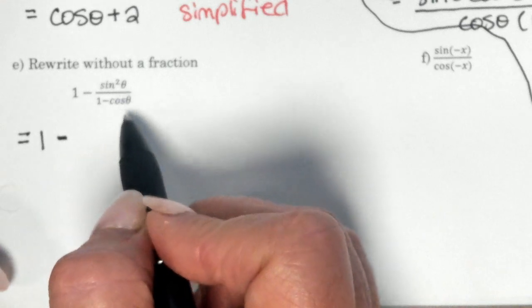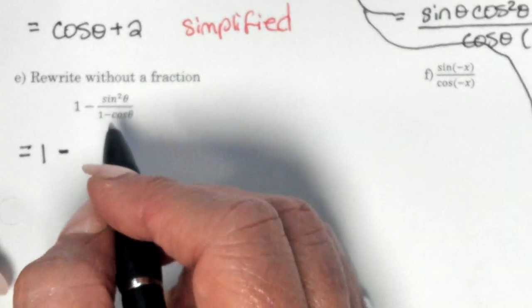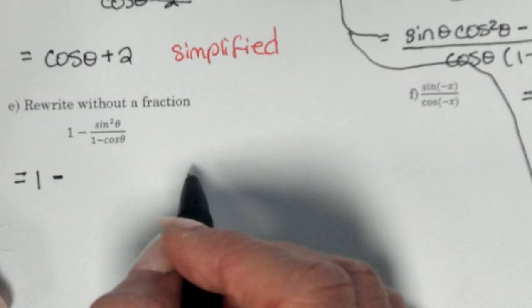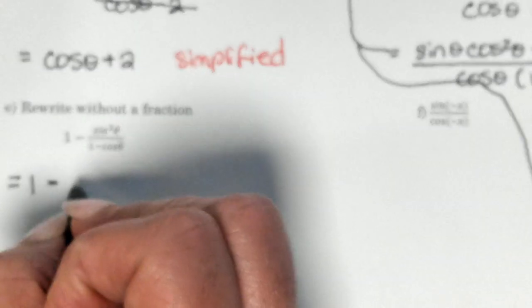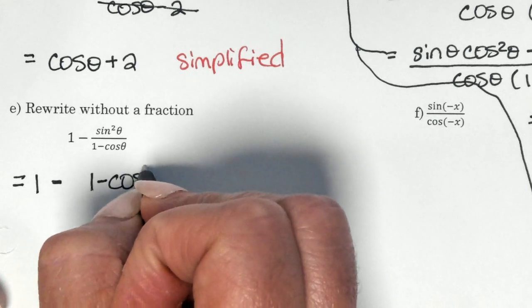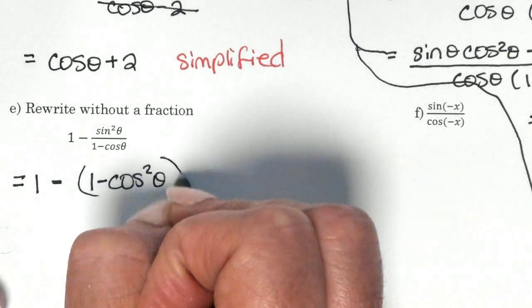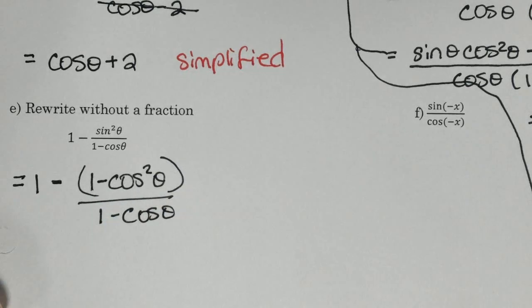Anytime you've got a sine, cosine, tangent, any of those squared, you can use a Pythagorean identity to help you. Okay, camera's kind of being a little funky right now. So I'm going to replace sine squared with 1 minus cosine squared. And that's over 1 minus cosine theta.